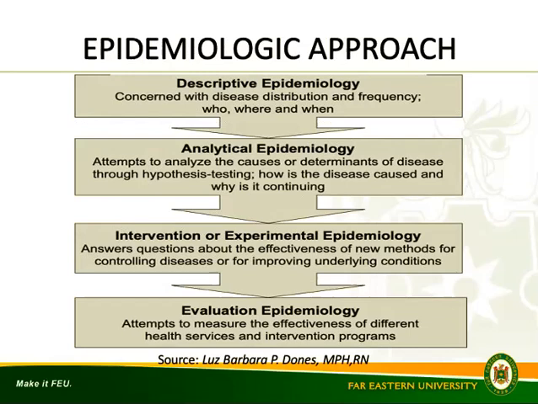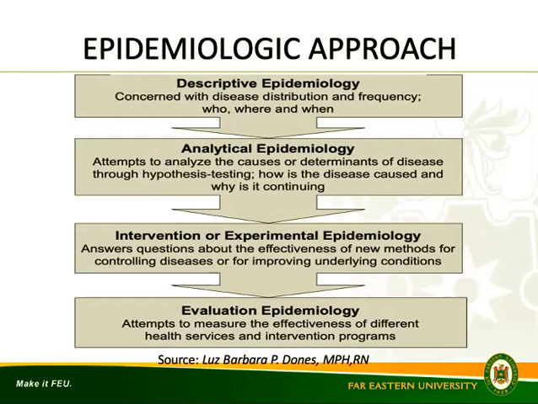And when we talk about analytical epidemiology, it attempts to analyze the causes or determinants of disease through hypothesis testing. And it answers the question, how is the disease caused and why is it occurring? So that is analytical epidemiology.